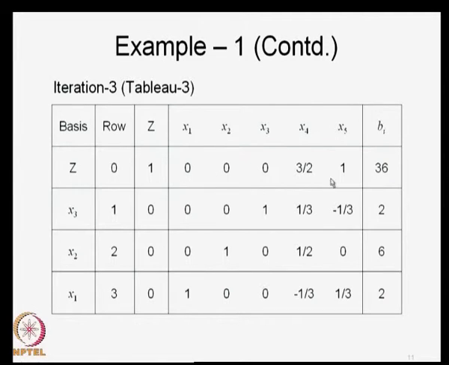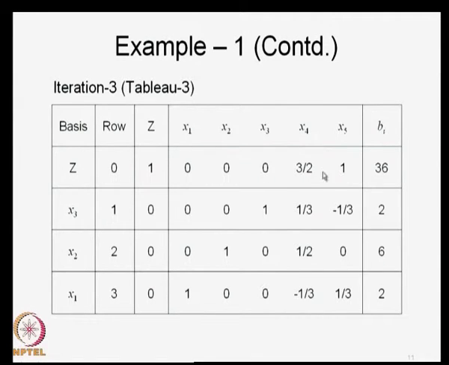So, the optimality criterion here is that there should be no variable which has a negative coefficient, because if there is a negative coefficient, that variable can be brought into the basis and we can improve the value of z. In the final iteration, x4 and x5 are the non-basic variables; x3, x2, x1 are the basic variables.